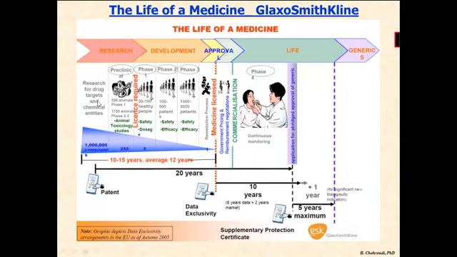If you look at the details, here it says you start, if you want to find a compound for some kind of a disease, let's say high cholesterol or cancer, blood cancer for chronic myelogenous leukemia, for example.